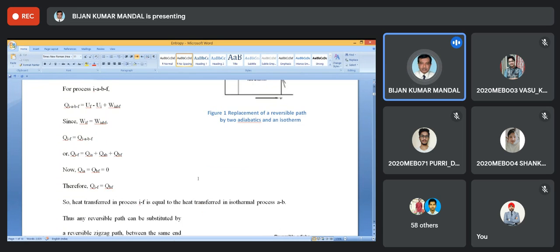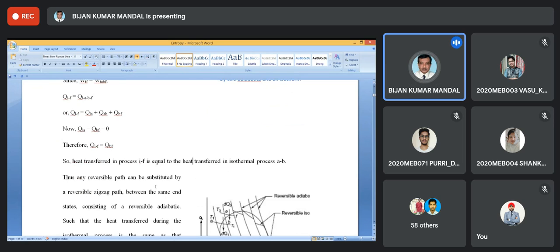So what we have done is that any reversible path can be substituted by a reversible zigzag path.